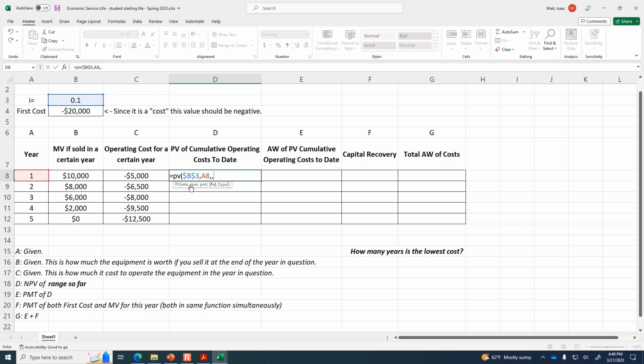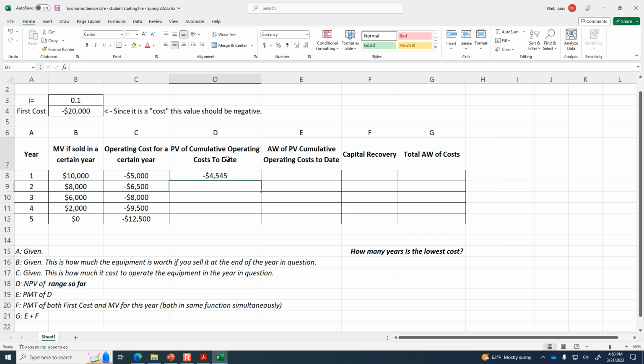Skip over the payment field, and then the future value is just going to be the negative of this. Okay. So $5,000 at the end of the first year is the same as $4,545 if we move it to time 0. So that's simple, right? Everybody remembers the PV function?